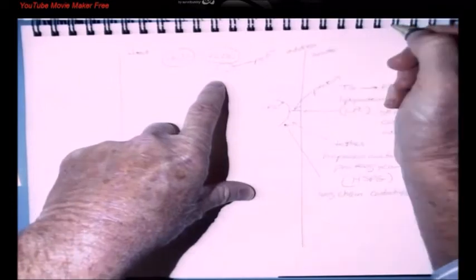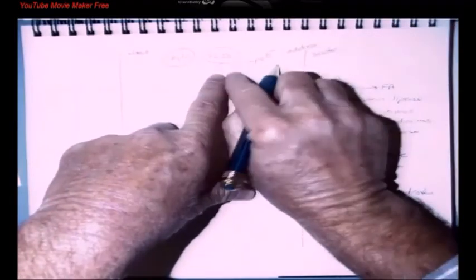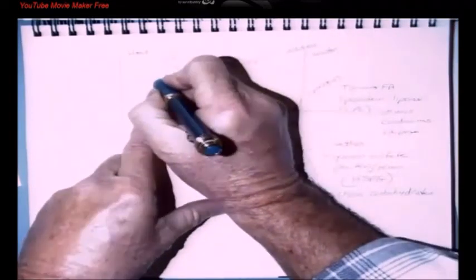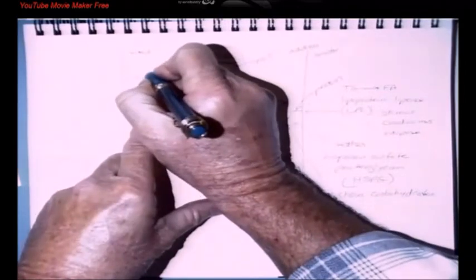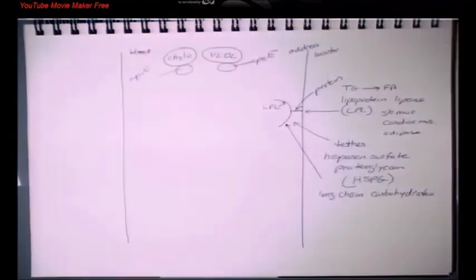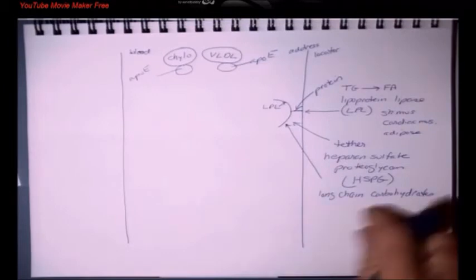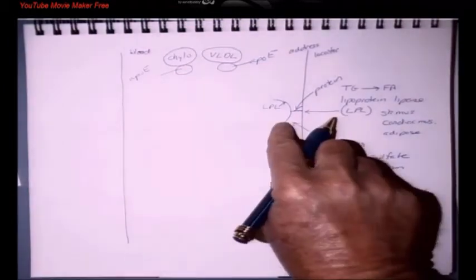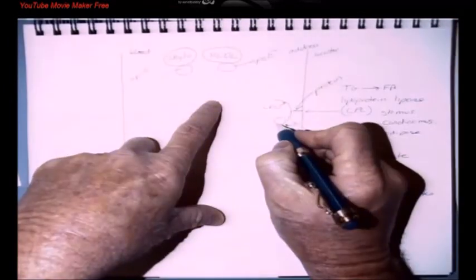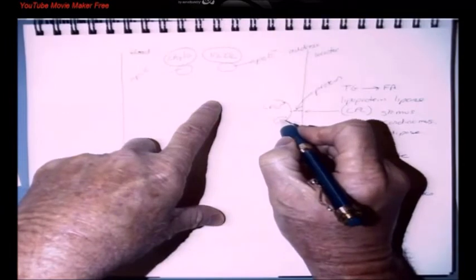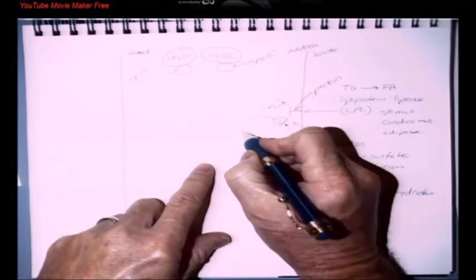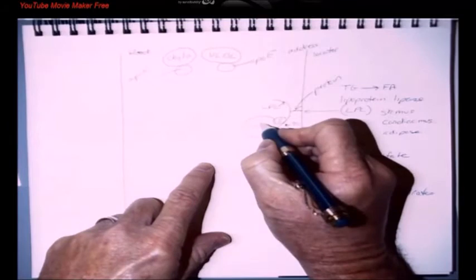And what that means is that this ApoE, also here, has a very high affinity for the HSPG. So by having this bound to the lipoprotein, we now have the lipoprotein itself tethered to the endothelial surface.